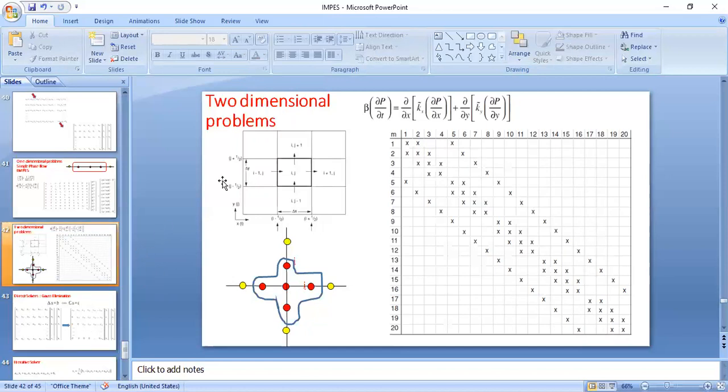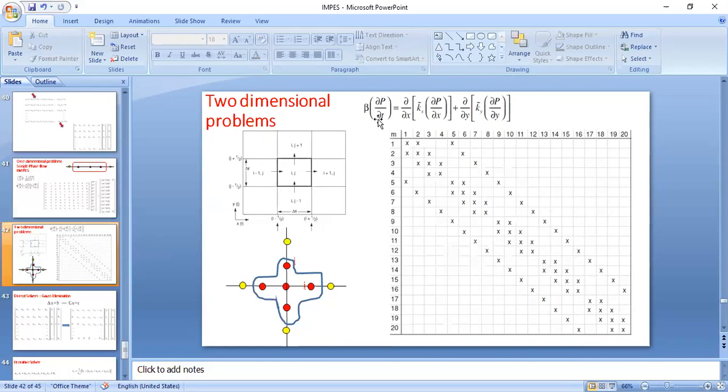Okay, so now you can understand that depending on the type of equation we end up with, the matrix system will also vary. Okay, so it is banded. It is following some structure, and it is called a banded matrix. And not all the times we will end up with a banded matrix.